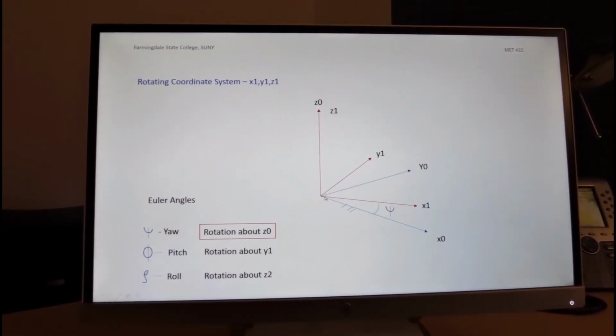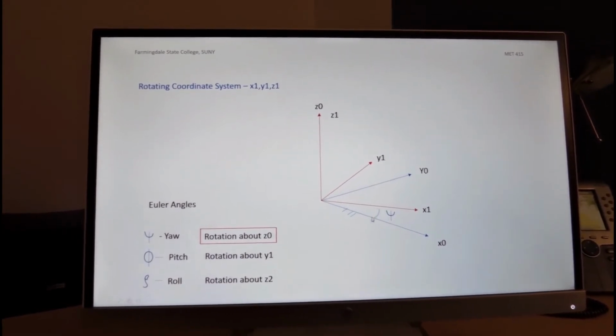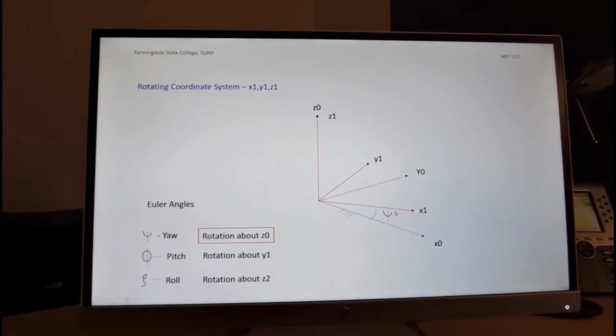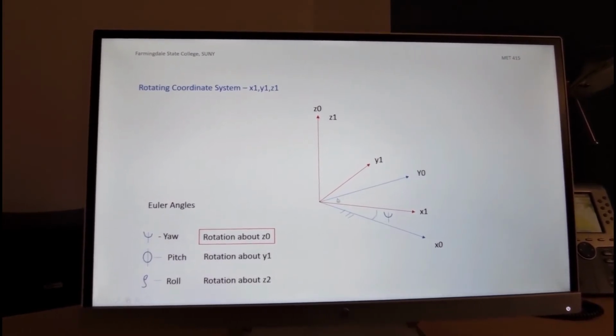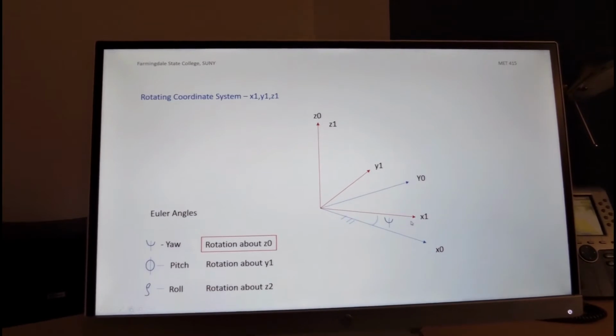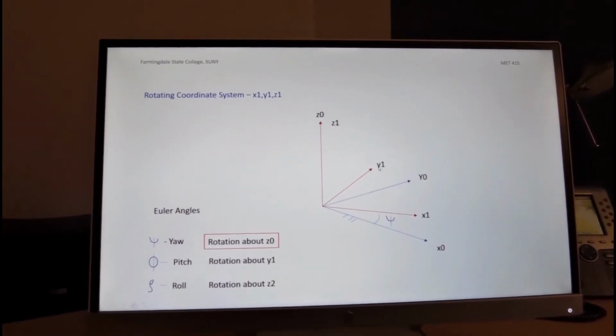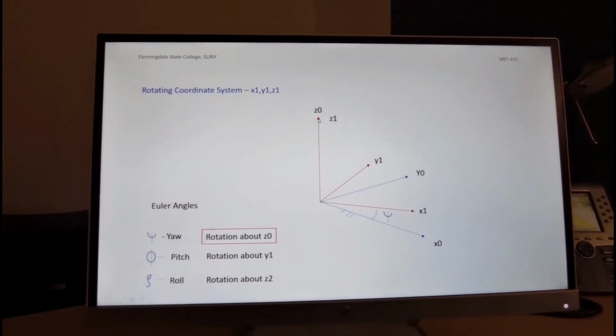If you look at a different coordinate system, which is rotated an angle psi with respect to the inertial coordinate system, and we designate that in red, and we call it x1, y1, and z1, you see that z1 has not changed.